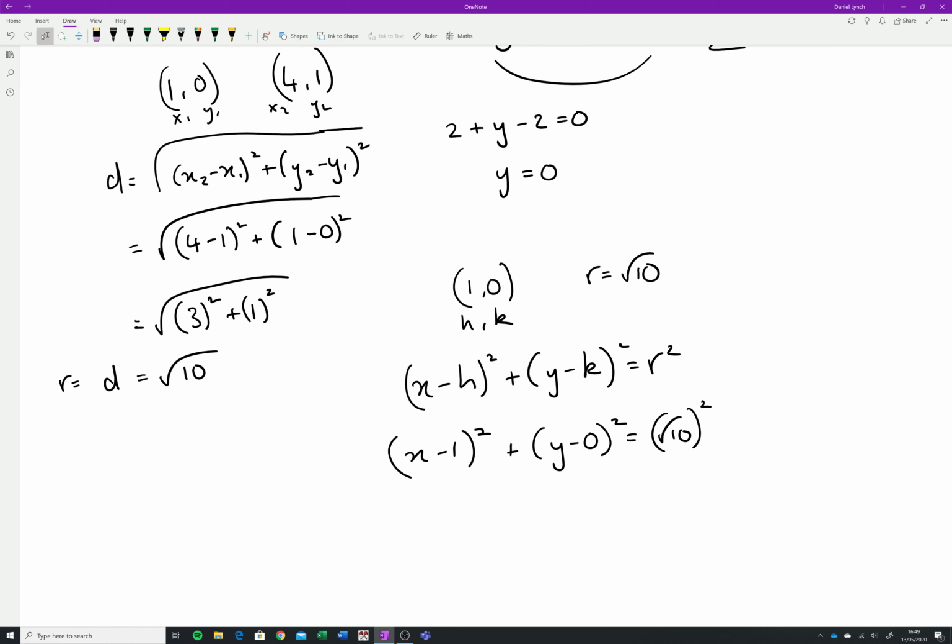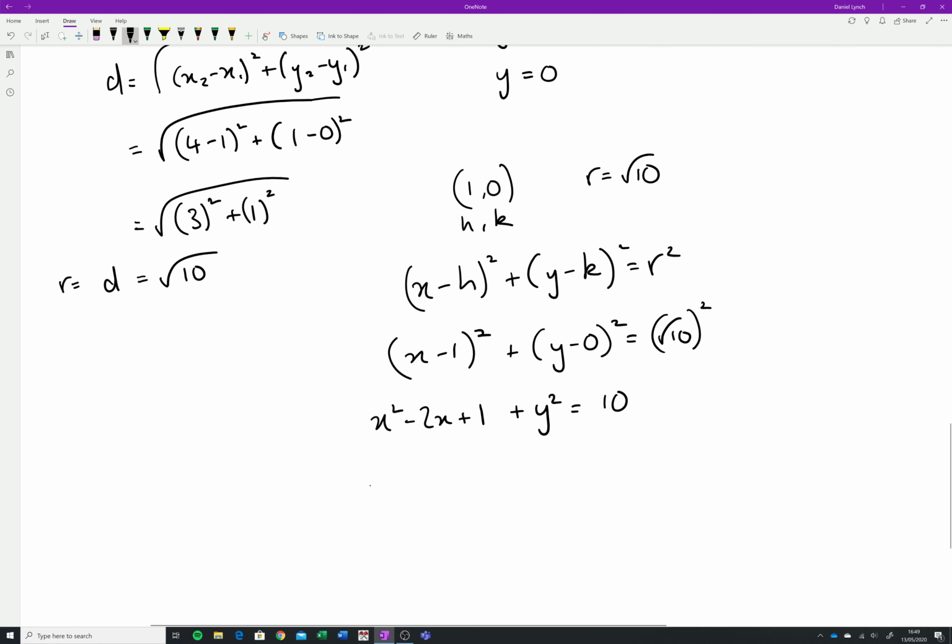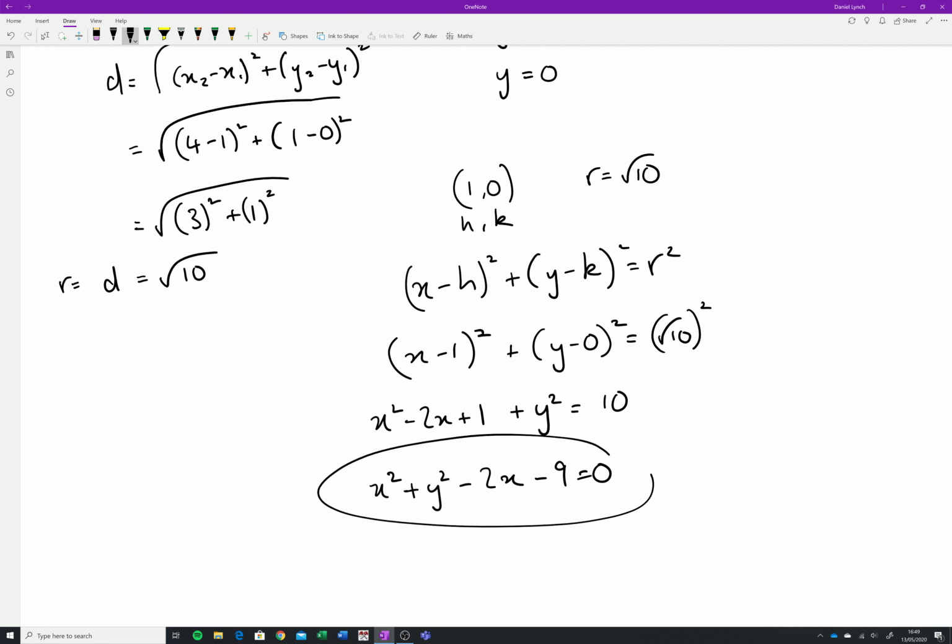Let's just show that that is what we got above. It's x squared minus 2x plus 1, so we get it if we multiply it out. Y minus 0 is just y, so that's just y squared. And root 10 when squared is just 10. And if we tidy that up, we get x squared plus y squared minus 2x, and if we subtract 10 from both sides, we get minus 9 equals 0. That's the equation of the circle.